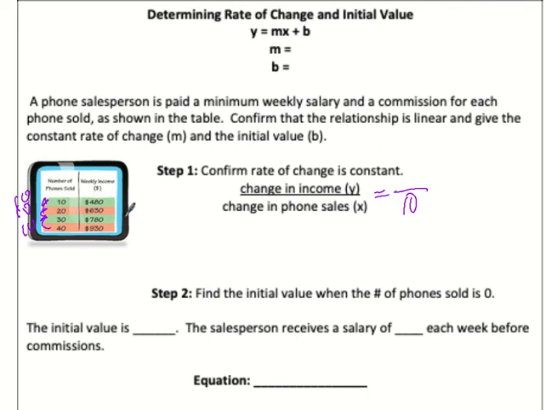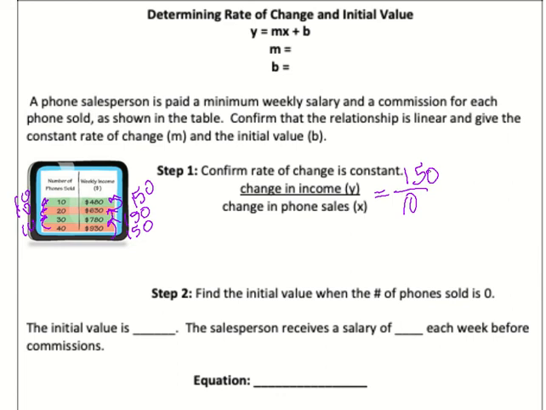Then we're going to subtract here. I do this in my head really quick. So what is that, 150? Right, and this one's 150, and this one's 150. So what we notice is they all come out to 150 for our y change.